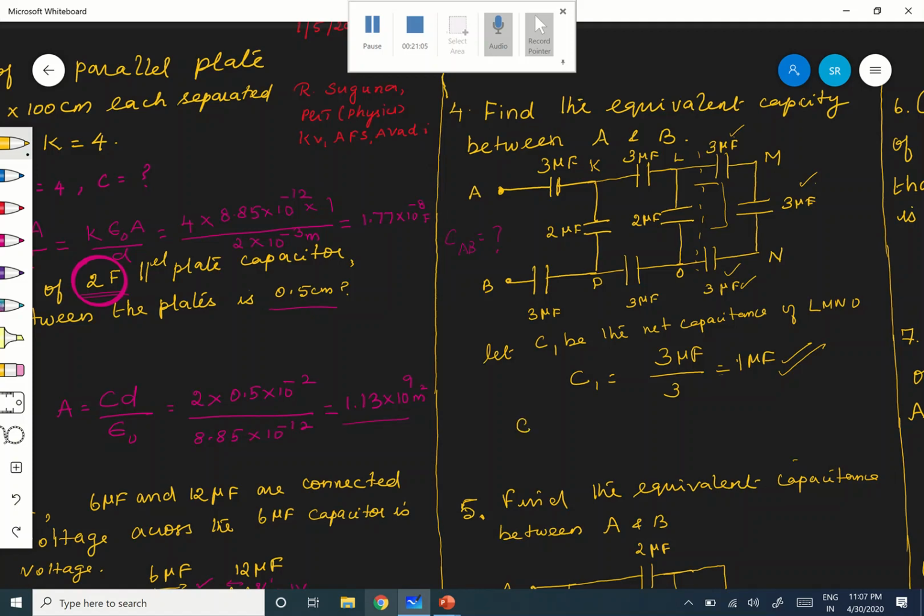C2 is the equivalent capacitance of 2 and 1 in parallel. Therefore, C2 should be equal to 1 plus 2, that is equal to 3 microfarad.